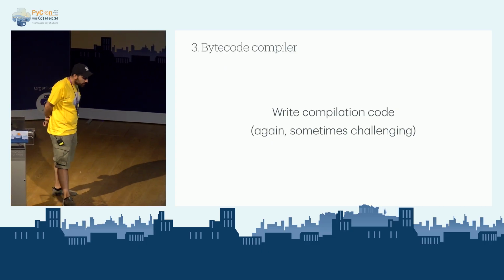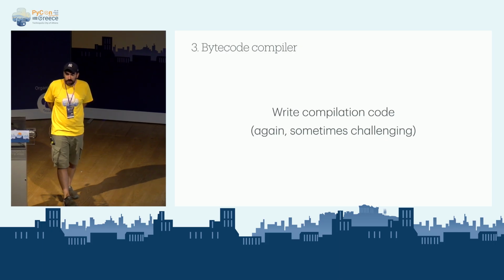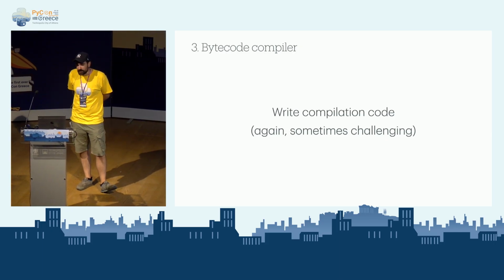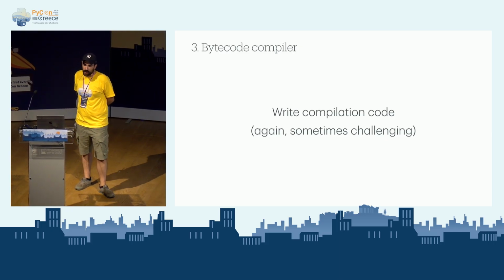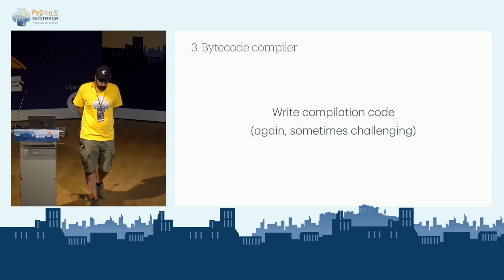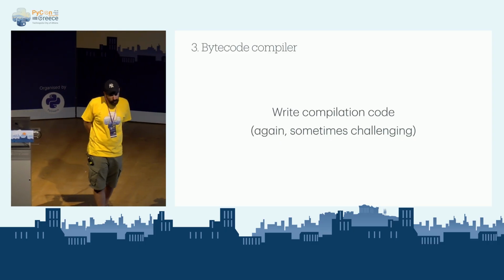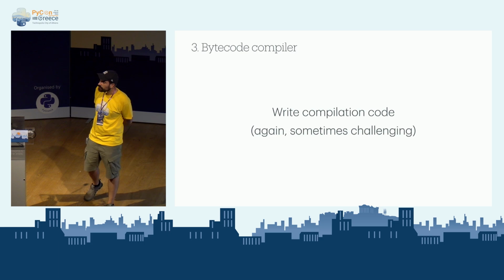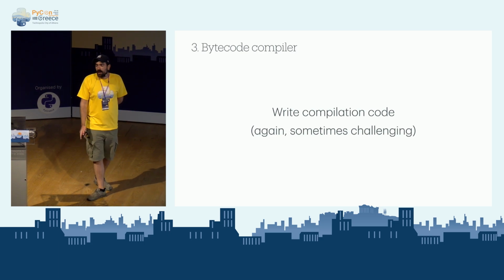It's not as challenging as a tokenizer, but it's still challenging because it's not generated, and anytime you have to write code about something like that, it's a little bit challenging.